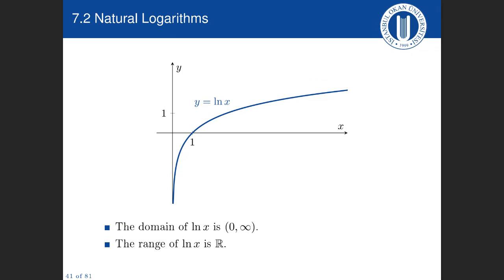As I think I've said before, the domain of ln x is the strictly positive real numbers, the open interval from 0 to infinity. And because we found the limits infinity and minus infinity, now we know that the range of ln x must be the whole of the real numbers.